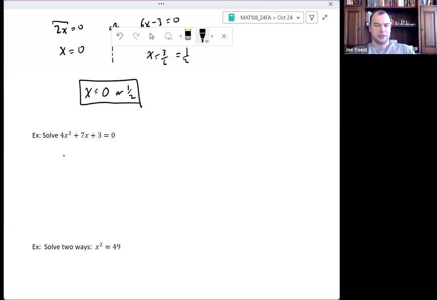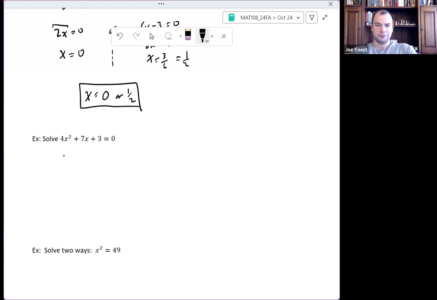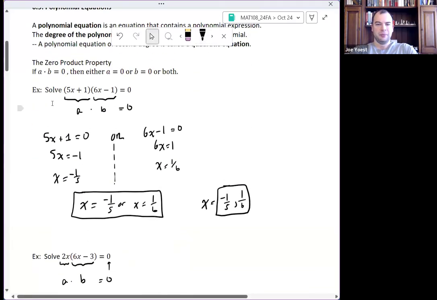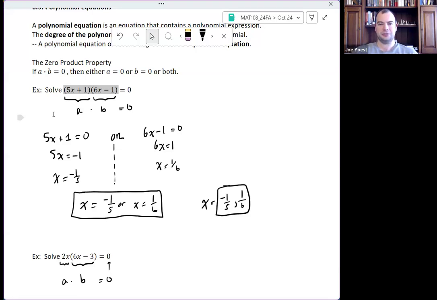So what's an alternative strategy? What's my goal here? My goal is actually to use this zero product property. My goal is to take the left-hand side, the quadratic expression, and factor it into the product of two things. And I want that product to be 0. Right?